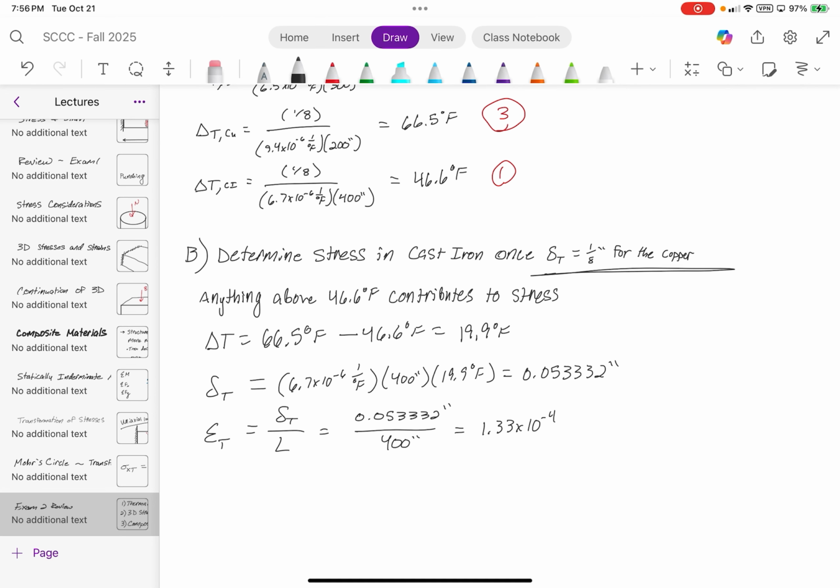From here, we know that the elastic modulus is equal to stress over strain, and we can rewrite this to say that the stress is equal to the elastic modulus times strain. For the elastic modulus of the cast iron, I don't give you a particular cast iron, but which one did you use?